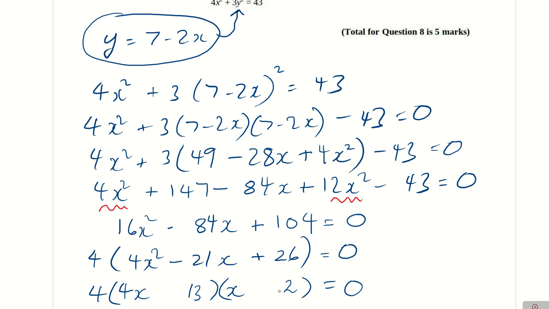Well, 4 times 2 is 8, and 8 plus 13 gives us 21, but it's got to be a minus, two minuses to make a plus, so it factorises like that.